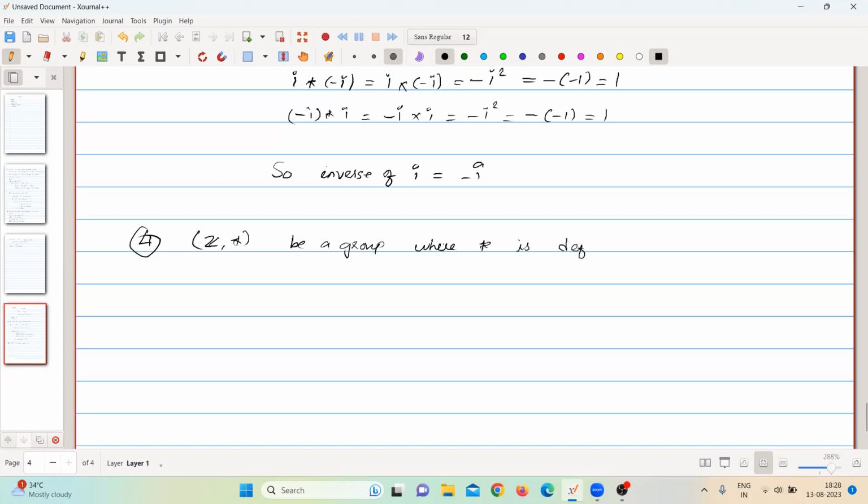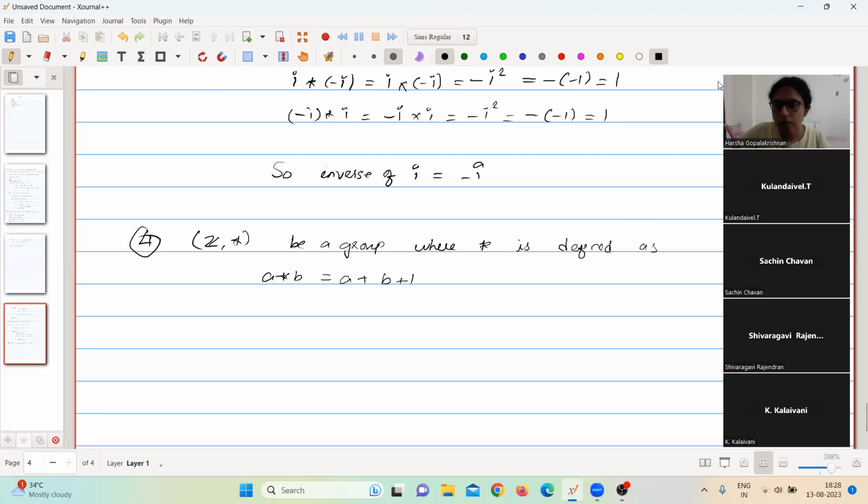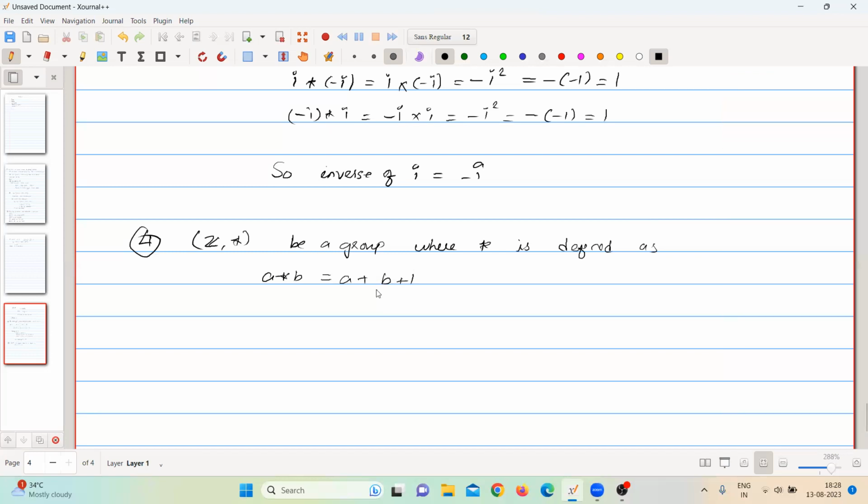Star is defined as A star B equal to A plus B plus 1. So what we have is Z with the operation star defined as A plus B plus 1.